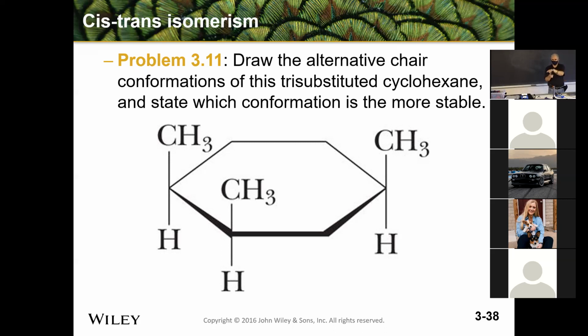I put all three of these on top. These two happen to be axial. This one is equatorial. There is some torsional strain going on here between these hydrogens. If I do the ring flip, I would say this is even worse as far as torsional strain, because these are now even closer together, where the 1 and 2 are both axial.